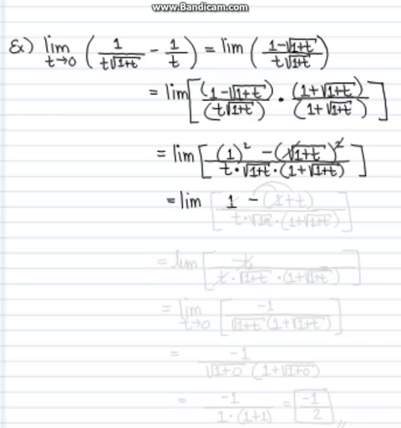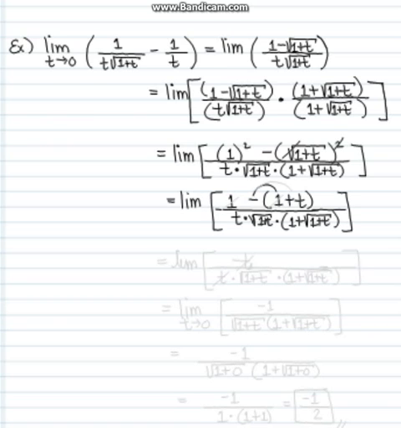They cancel each other. Distribute that negative sign in the next step across the parenthesis. That's something you might have missed, distributing the negative sign. Just bring the bottom down as it is: t times the square root of 1 plus t times 1 plus the square root of 1 plus t.